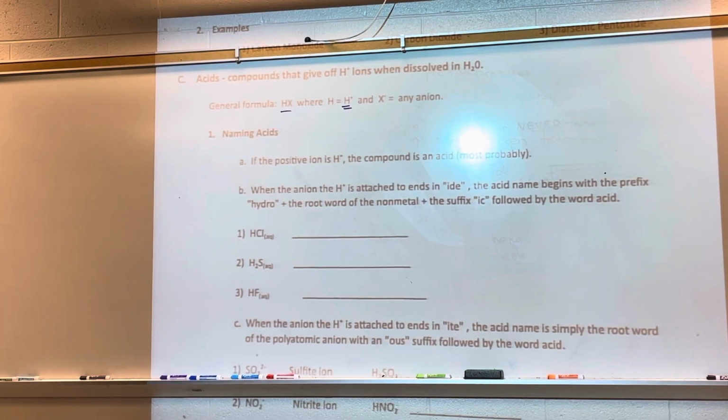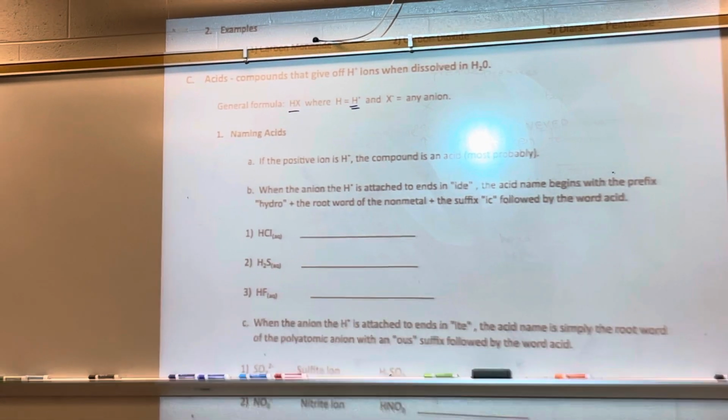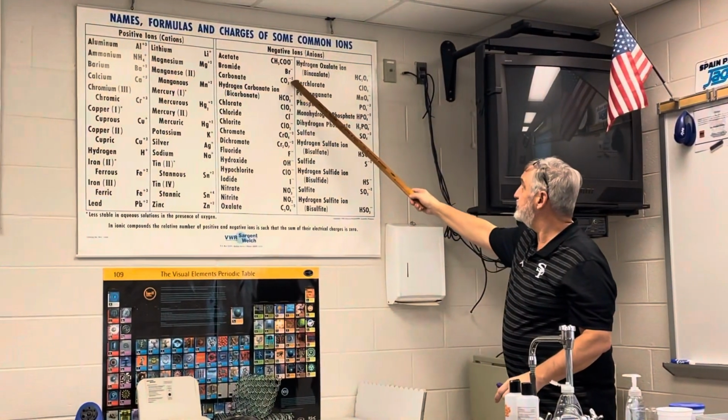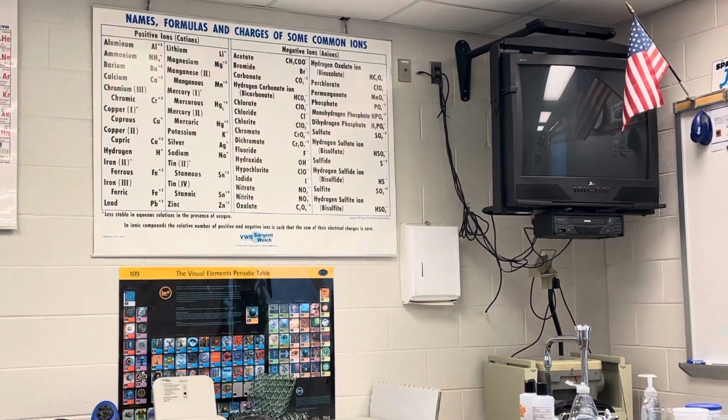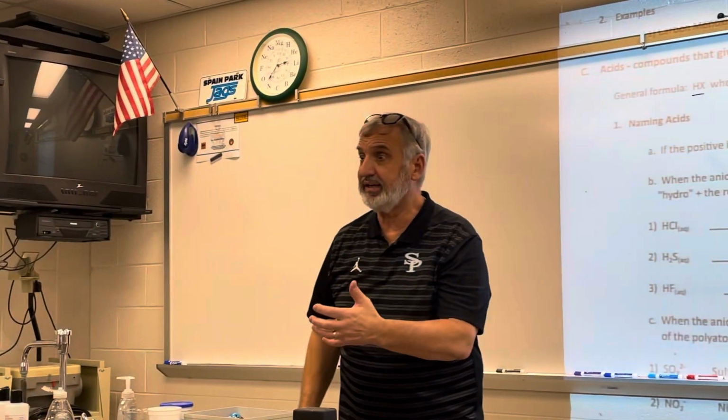If I put a hydrogen onto any one of these, I have acetic acid, hydrobromic acid, carbonic acid, HClO3 is chloric acid. If it's a -2, it's going to take 2 H's. If it's a -3, it's going to take 3 H's, because we always want it neutral. Hydrogen has a +1 charge. If it's just a -1, I'll put 1 hydrogen on it. But in all acids, hydrogen is the first thing. That's how we're going to recognize it.